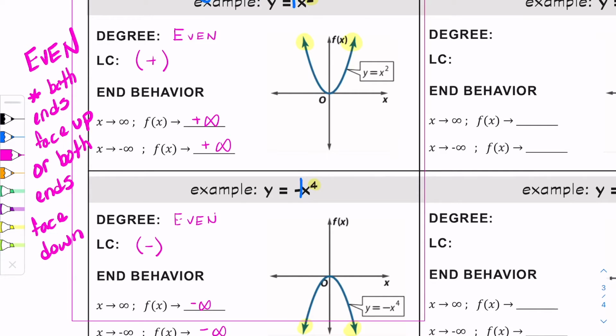To repeat that, if you have an even function, even degree function, both ends face up or both ends face down.